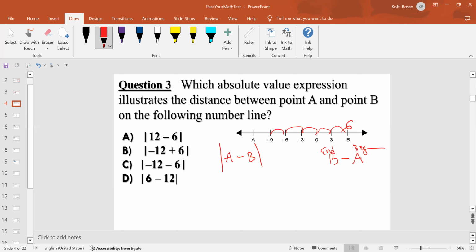So after negative 9, it's going to be negative 12. So the value of A here is negative 12. We take negative 12 minus the value of B, which is 6. Therefore, the correct choice here is C for question 3.